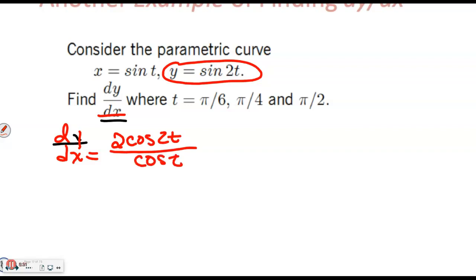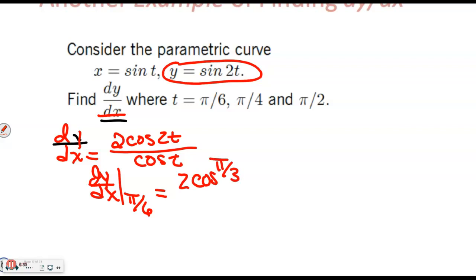So that's the one we're going to be using for all of these, and then we're going to confirm it on a graph. So my dy/dx, when x is equal to pi over 6, requires a little bit of our unit circle. So we just have to make sure we remember when we put in pi over 6, we'll have 2 cosine pi thirds on the top, because we're multiplying by 2, and on the bottom, cosine pi over 6.